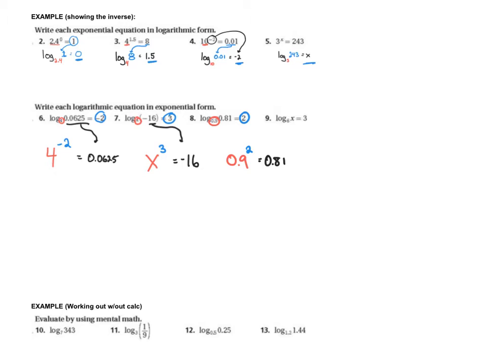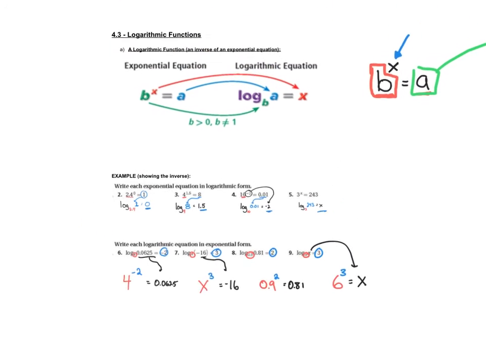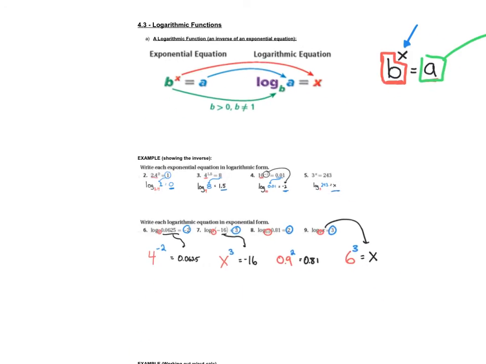All right, last one. Here we go. Base 6 to the third power is equal to x, some value. All right. So this is just conversion from exponential to logarithmic or logarithmic to exponential. Be able to do the conversion.